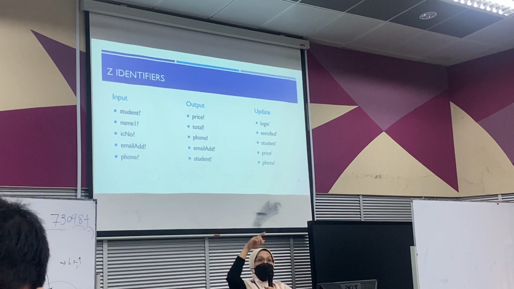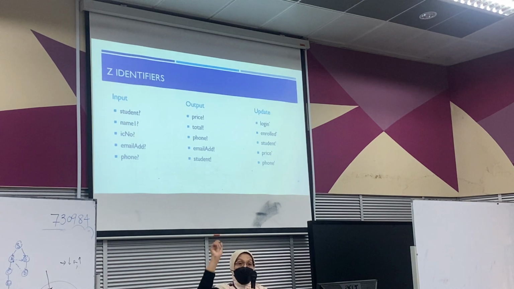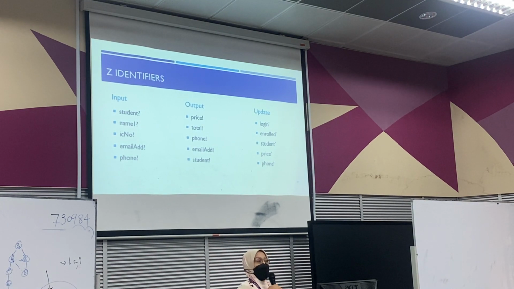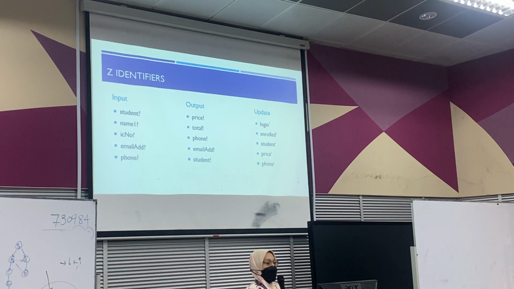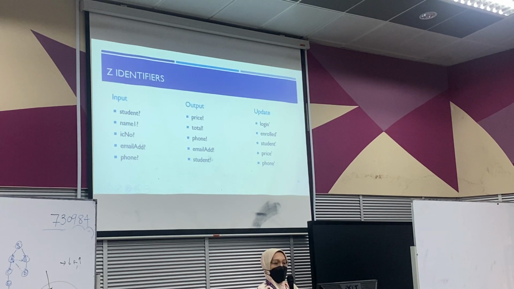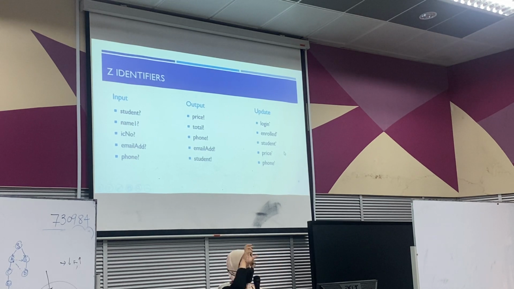You can have student question mark, and you can have student exclamation mark inside the same place, because question mark means input, exclamation mark means output. So I can have student question mark, student exclamation mark, student prime together inside my system. It doesn't matter because the symbols show differently.